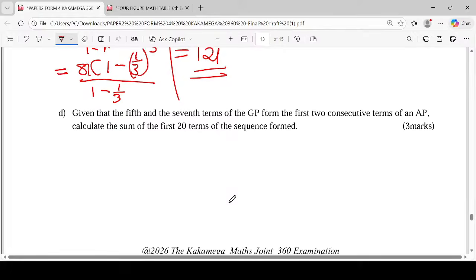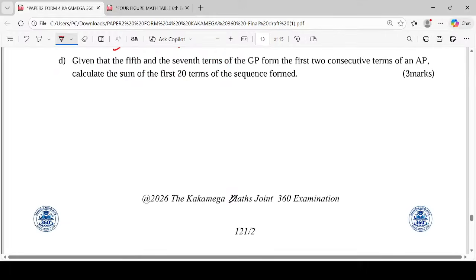Part D, given that the 5th and the 7th terms of the GP form the first 2 consecutive terms of the AP, calculate the sum of the first 20 terms of the sequence. The 5th term is given by AR power 4, where A is 81, so we have 81 times a third raised to power 4, which is equivalent to 1.